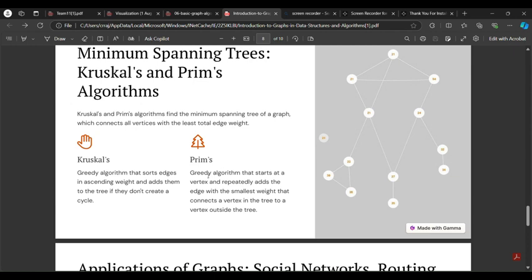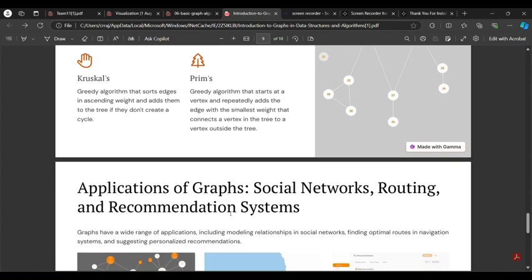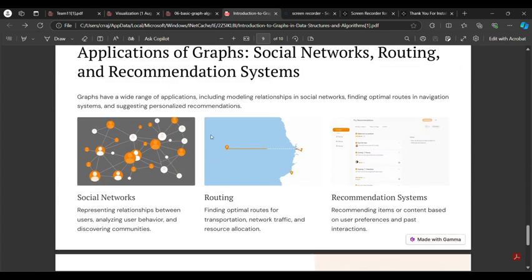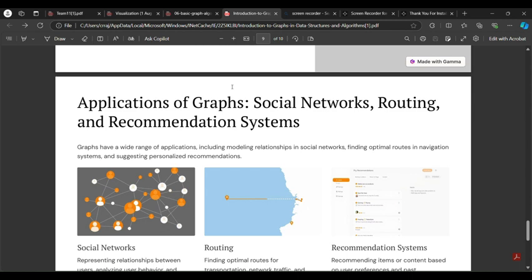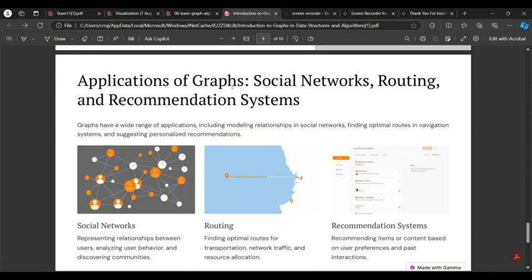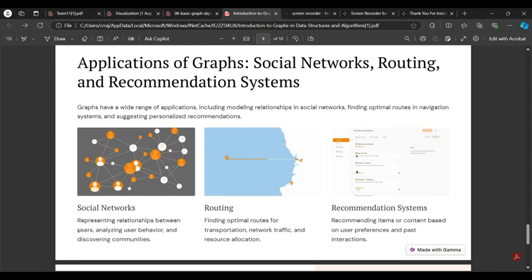Applications of graphs: social networking, routing, and recommendation systems. Social networks represent relationships between users, analyze user behavior, and discover communities. Routing means finding optimal routes for transportation, network traffic, and resource allocation.